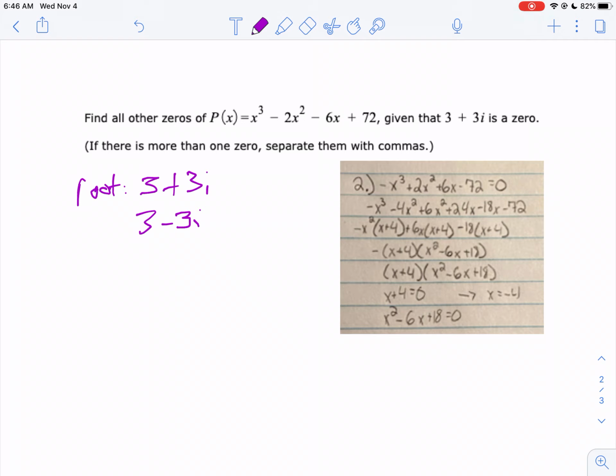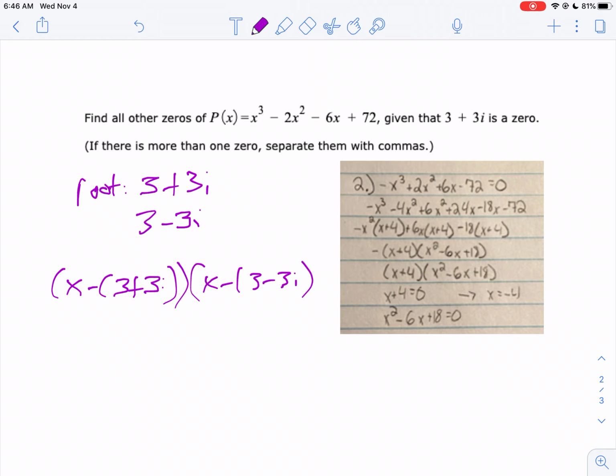However, there's a possible of 3 roots. We could multiply these together. In fact, I'm going to do that. So my roots are x minus 3 plus 3i and x minus 3 minus 3i.